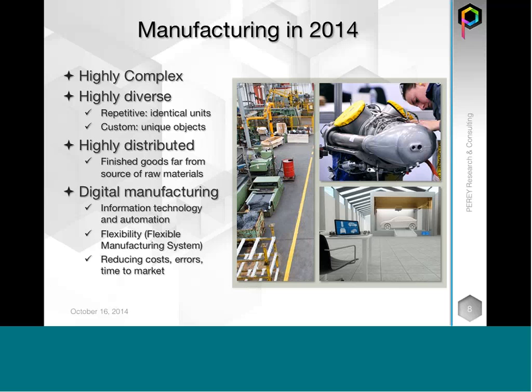And the diversity of the kinds of products, the volume of products we make today is unprecedented. We can very quickly make identical units using machines, and then we can also create very, very custom or unique objects using the same workflow and the same manufacturing processes.